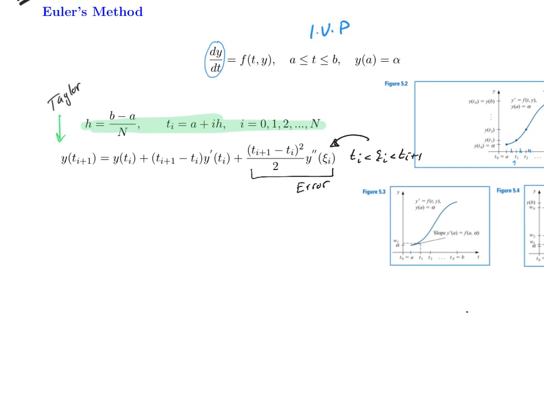So if you do some basic algebra, you can see that you can rewrite this as y of t_{i+1} is equal to y of t_i plus h y prime of t_i plus h squared over 2 y double prime of c_i.